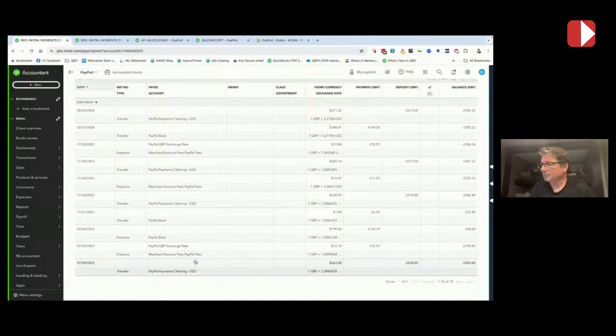So back over here, we can itemize and split that sort of thing out. Here is the money movement of $263 going in as 204 pounds, and then there's the foreign exchange rate that was utilized in order to do that.